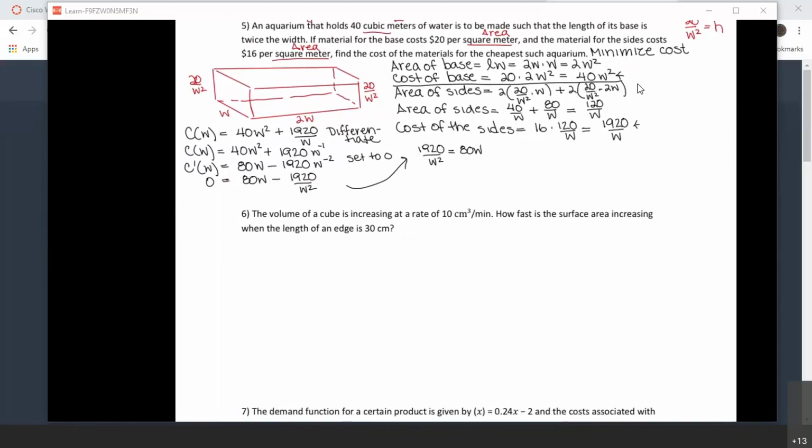Okay, and now I want to solve for W. So algebraically, what's the next step? Here's where I am right now. Anybody want to shout out, what should I do next?